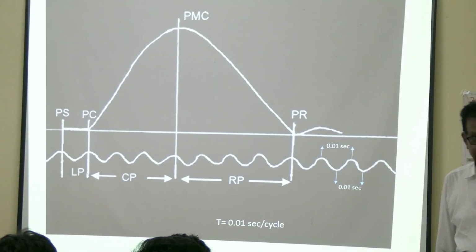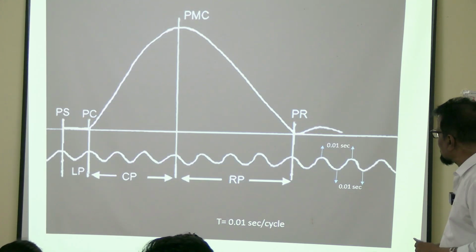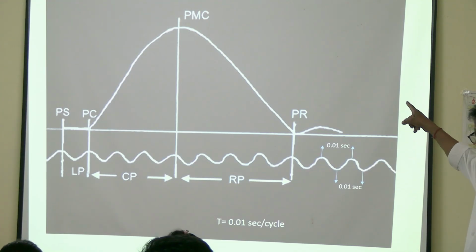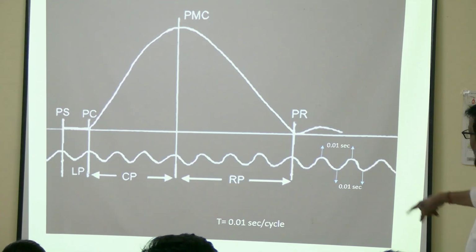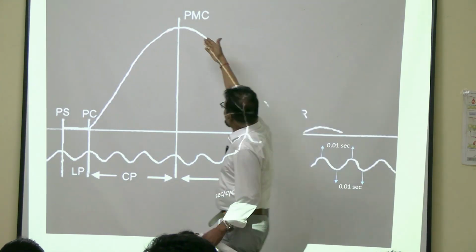PS means point of stimulation. So at this point, you gave the stimulus. And the other points are easy. From which point has contraction started? PC. And where is the maximum? This is the point of maximum contraction.